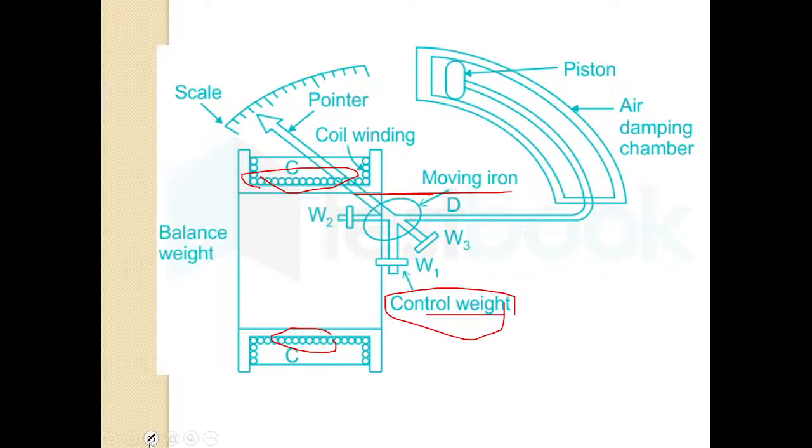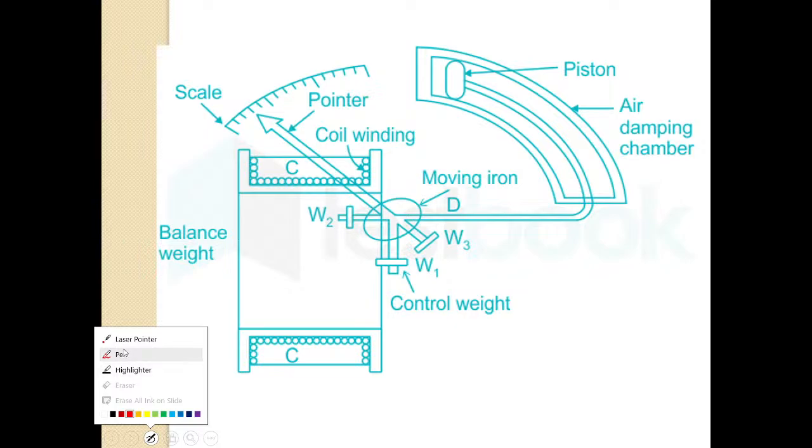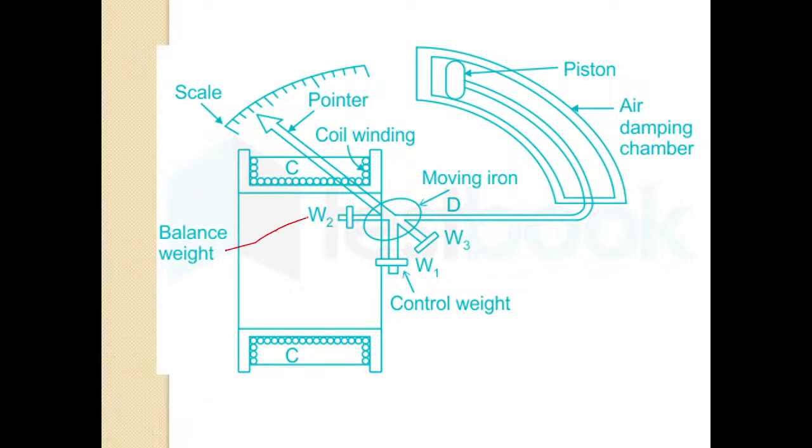So you can draw this diagram quickly. Actually this is the balance weight, and here one arrow mark is missing. This is weight 1, weight 2, and weight 3.